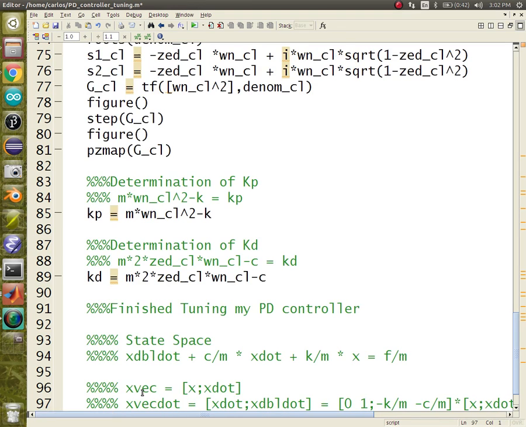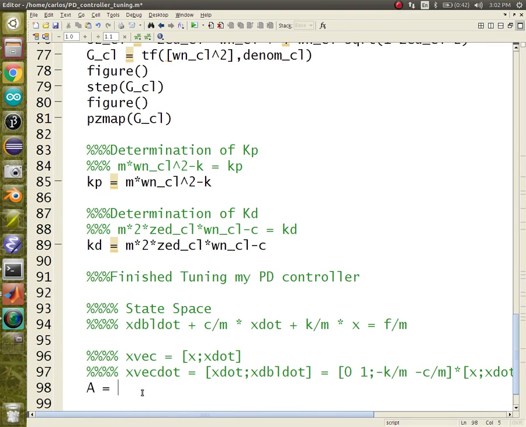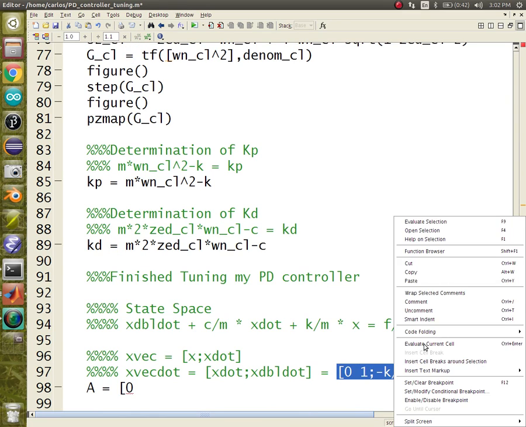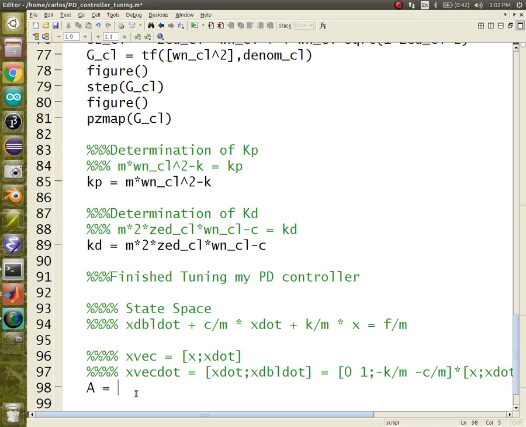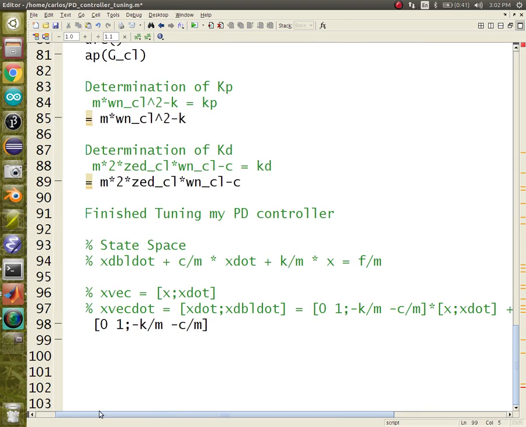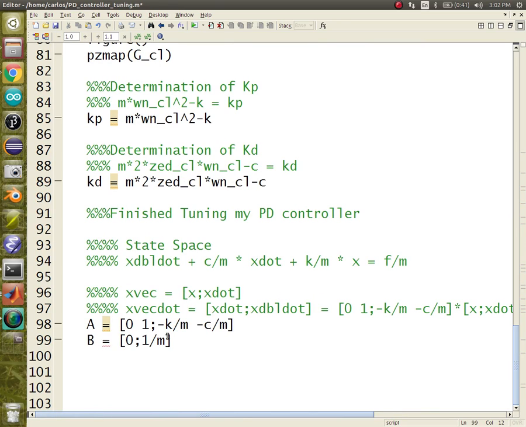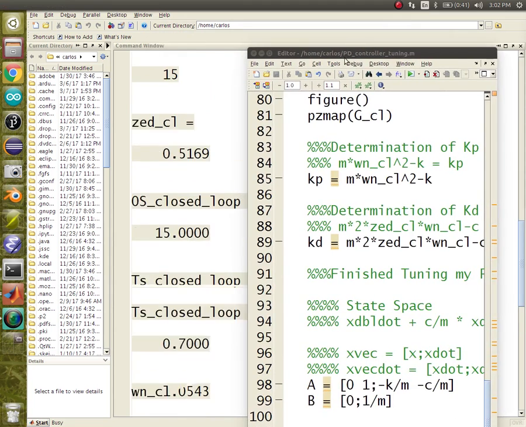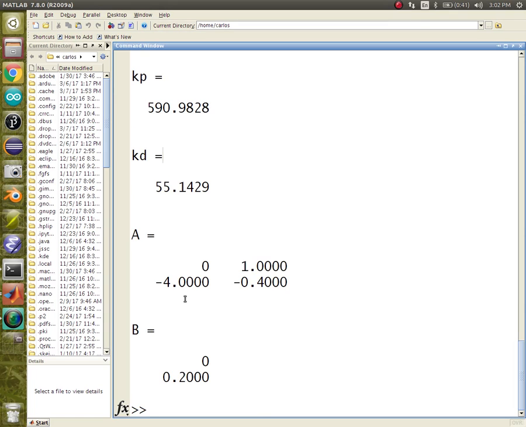And so there's my state space form. My A matrix is this, copy, and my B matrix is this, copy. I can run this, and there are my A and B matrices.